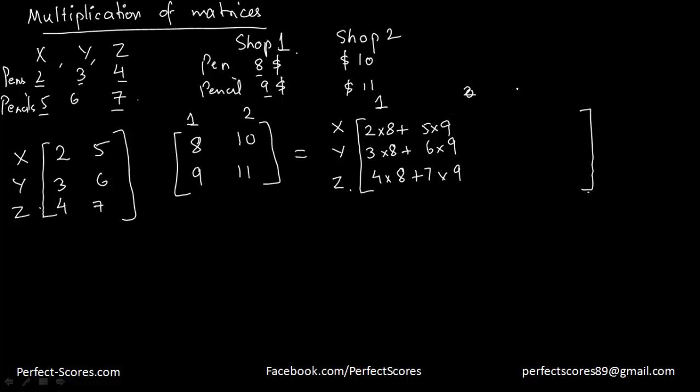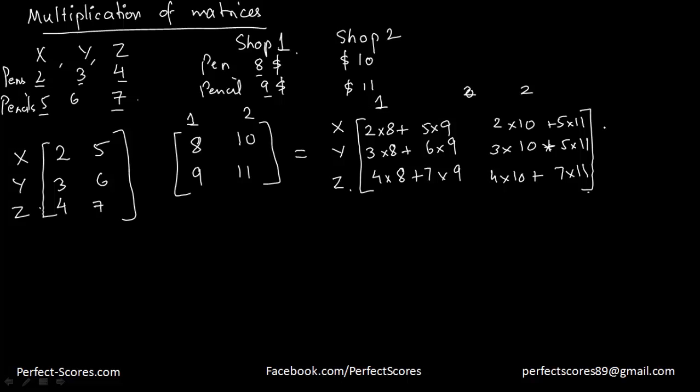For shop 2, for X it's going to be 2 into 10 plus 5 into 11, right? For Y, it's going to be 3 into 10 plus 6 into 11. And for Z, it's going to be 4 into 10 plus 7 into 11. So that is what the total cost is going to be for shop 1 and shop 2.